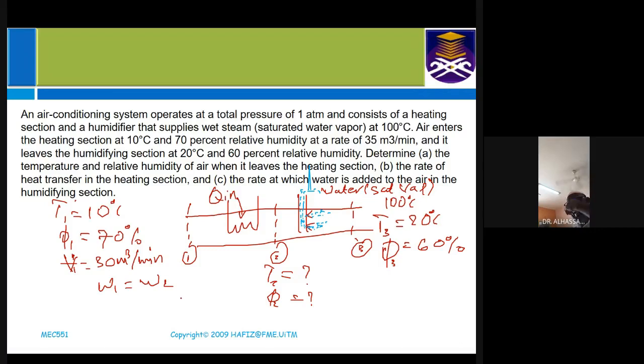Then we need to identify another property which will help us determine T2 and relative humidity 2. First, let us list down all the properties at state 1.